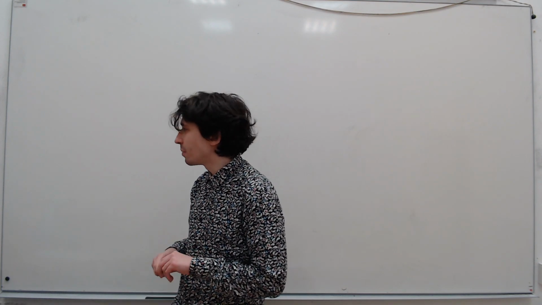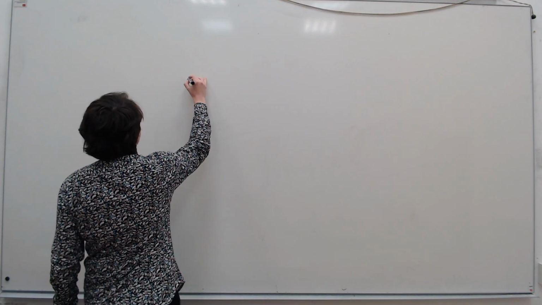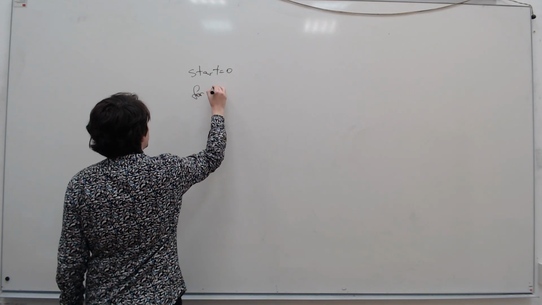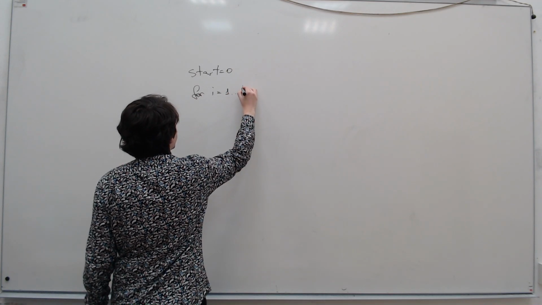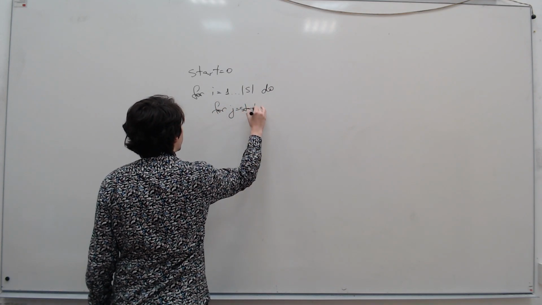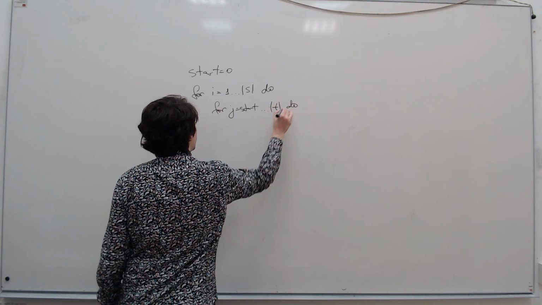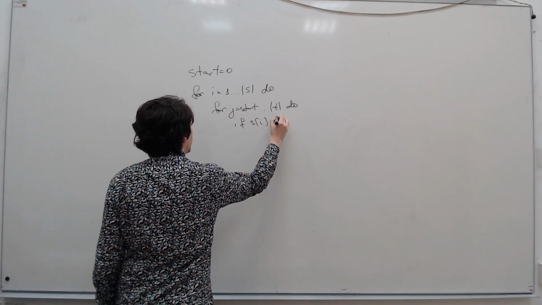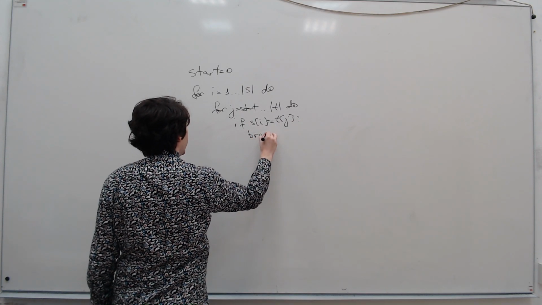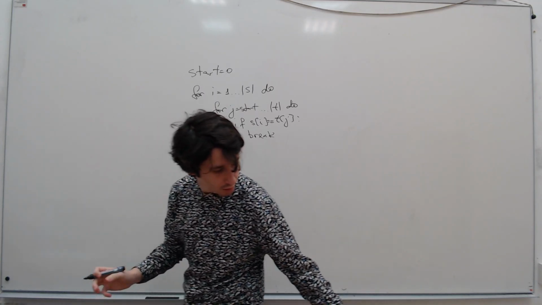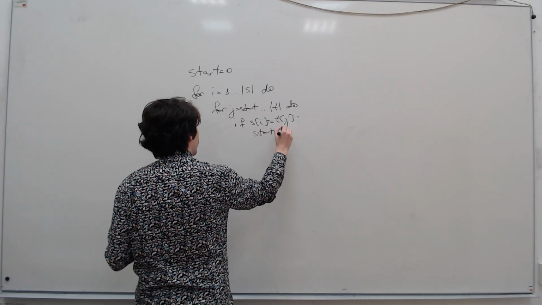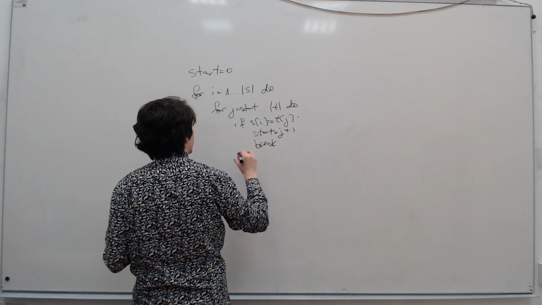You have start equal to 0, then for i from 1 to S do, for j from start to T do, if S_i equals T_j, then start equals j plus 1, break, and that's all.